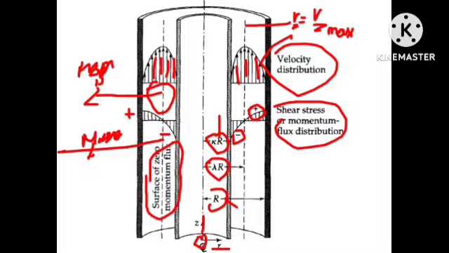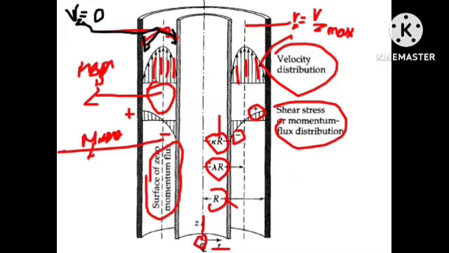What about this region? These both regions. Just see and explain this. What will be Vz? Vz is equal to V0. Simple as that.